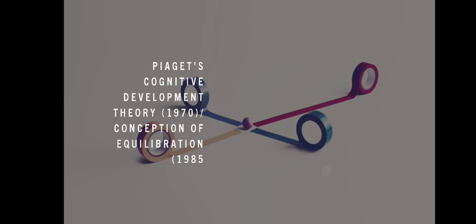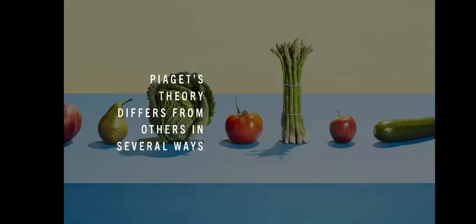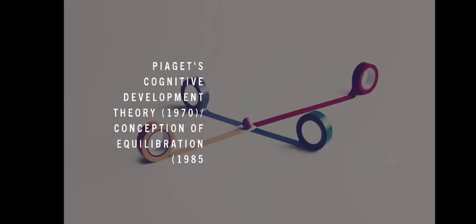The major concepts in this cognitive process include: Number 1, assimilation. Assimilation occurs when a learner perceives new objects or events in terms of existing schemes or operations.